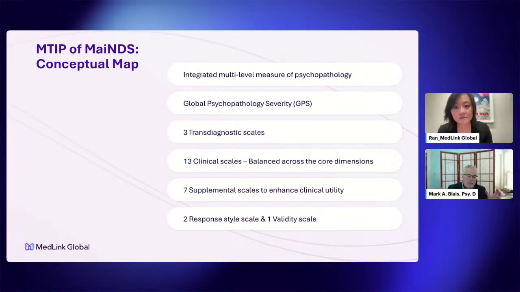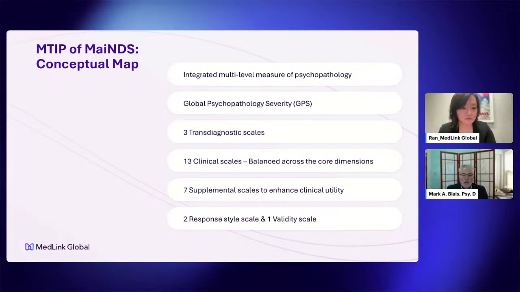When you begin a test development process, you want to have a conceptual map of where you're going. So this is the map that we use to come up with the final test. What it starts with are 13 clinical scales. So that would be the lowest narrow band of measurement that we have. And the scales cover the three broad dimensions in a fairly balanced order.